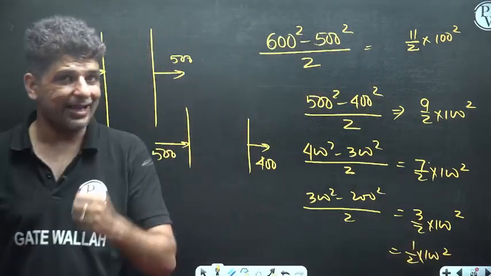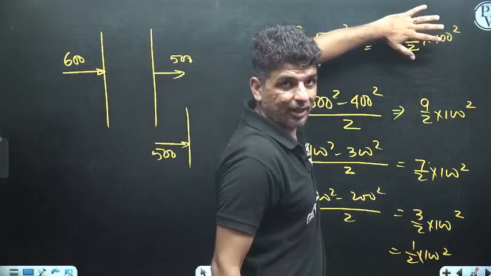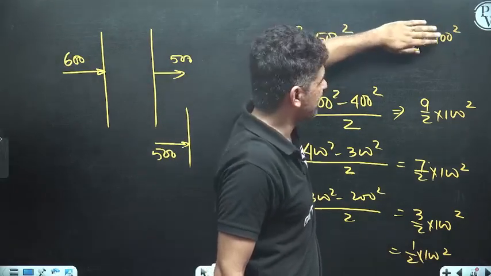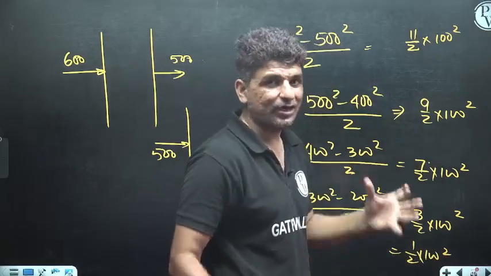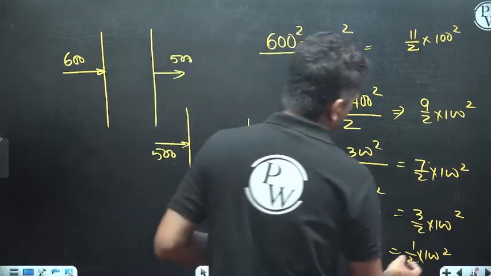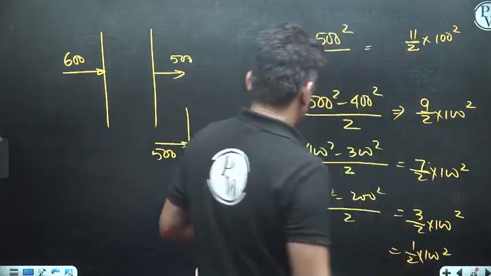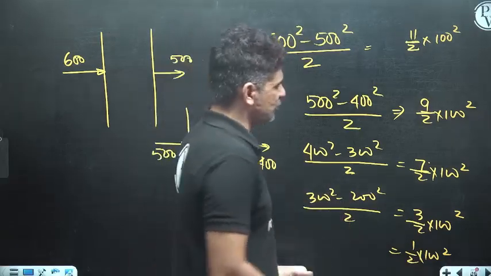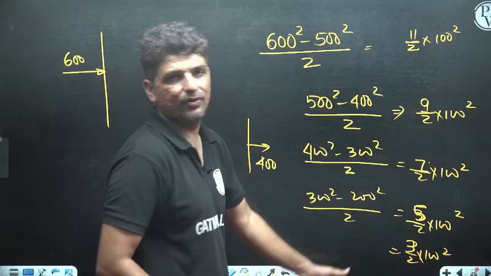So you see that the energy converted into work in the stages is 11 by 2, 9 by 2, 7 by 2, 5 by 2, 3 by 2, 1 by 2. So what is the ratio of energy that is converted? The ratio is 11, 9, 7, 5, 3, and then 1.